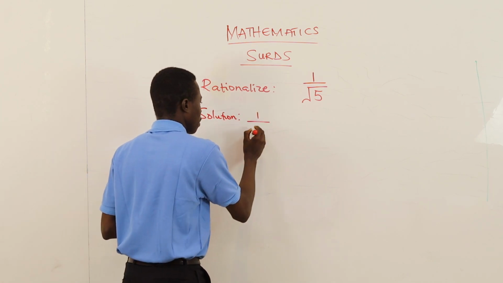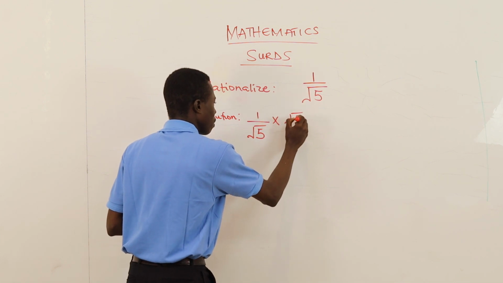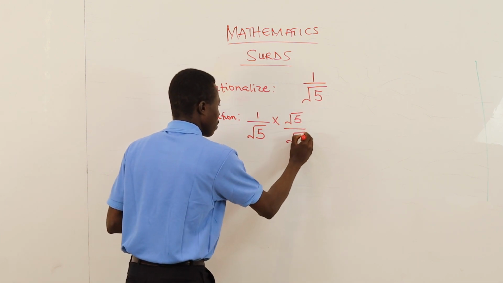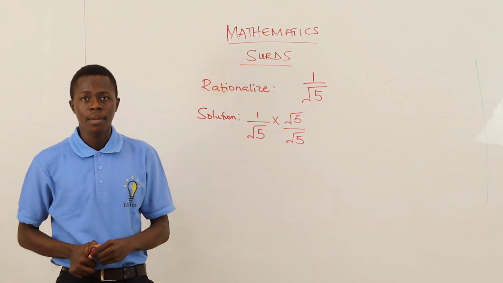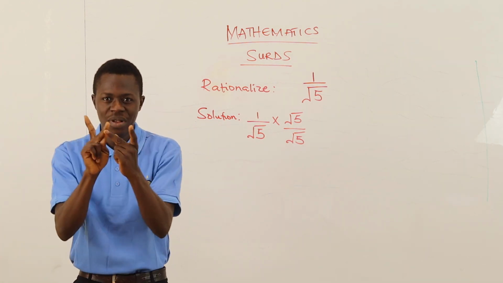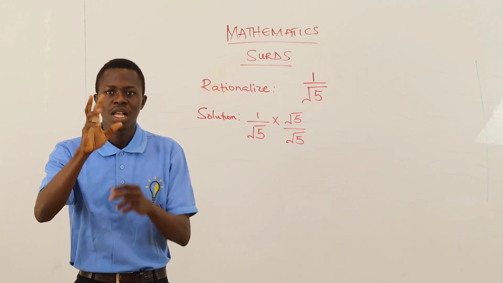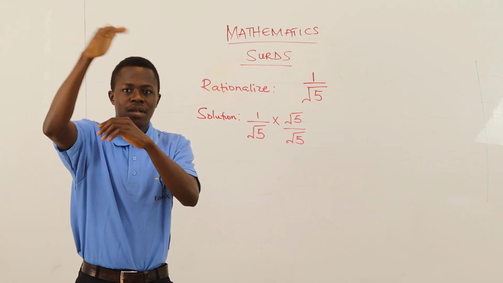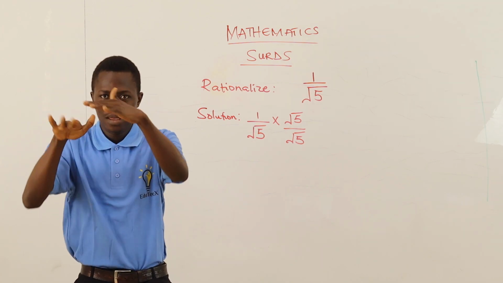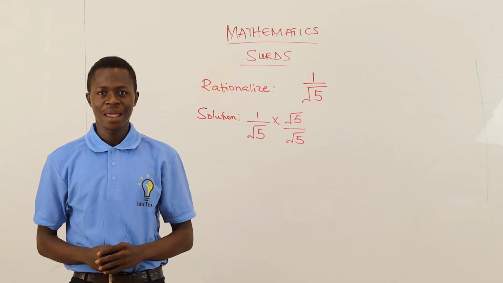So we are going to have our solution: 1 divided by square root of 5, multiplied by the numerator, which is square root of 5, and then multiplied again by the denominator, which is the square root of 5. You see that we took the square root of 5 and multiplied the numerator, then again multiplied the denominator.